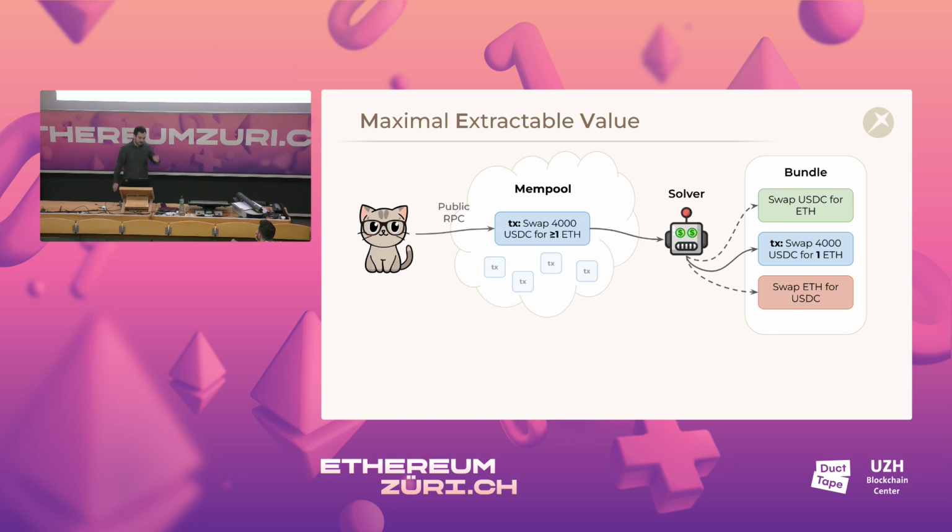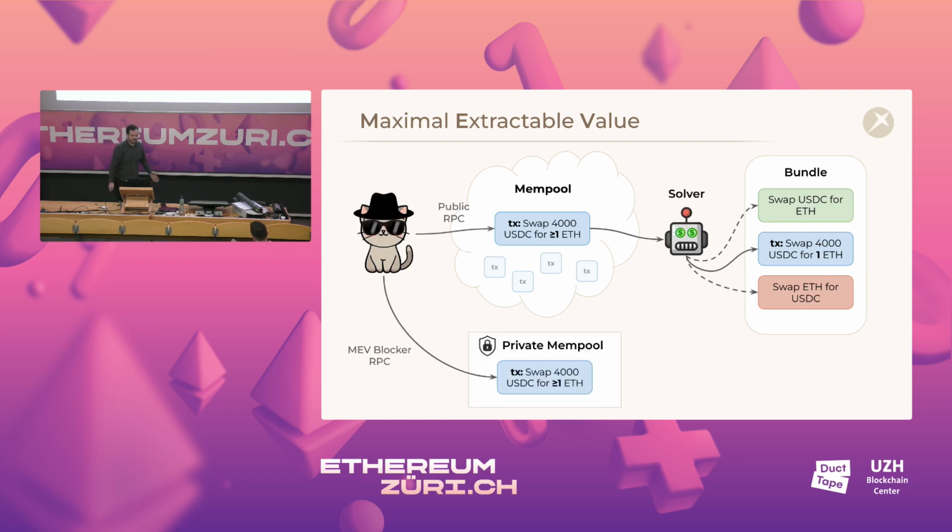So our friend now watched Samuel's talk, and he knows that there is a way to go around this mempool, and he uses an MEV blocker RPC. So he sends his transaction to a private mempool, and he knows that he is protected against any kind of sandwiching in this scenario. So he can even set this same transaction, and he probably will get more than one ETH in this case. The problem with this is that we are introducing extra trust assumptions in the model.